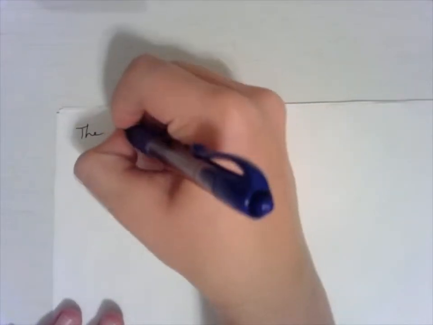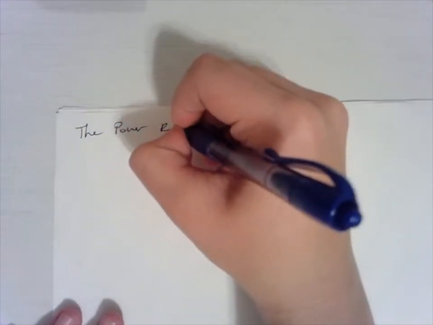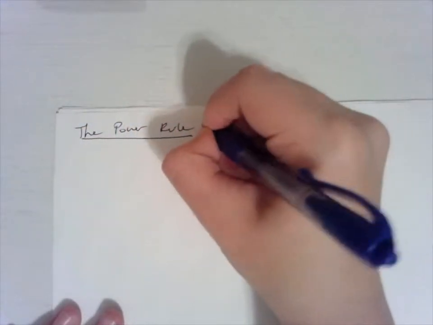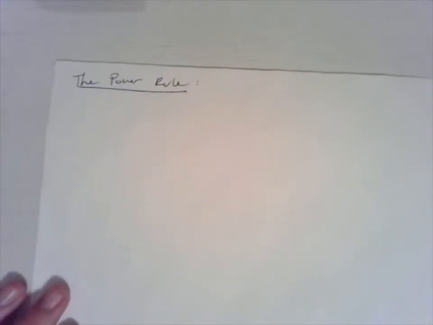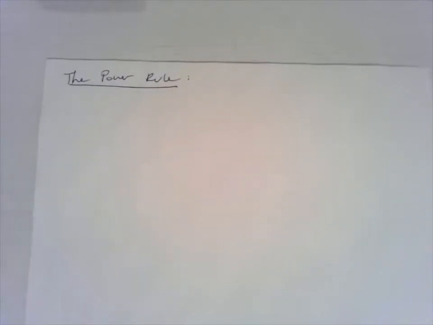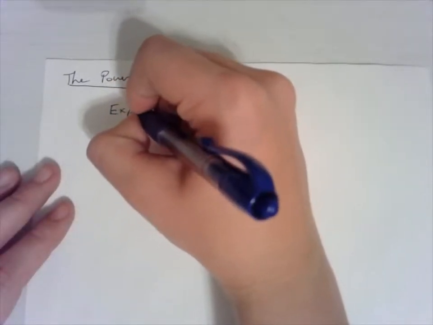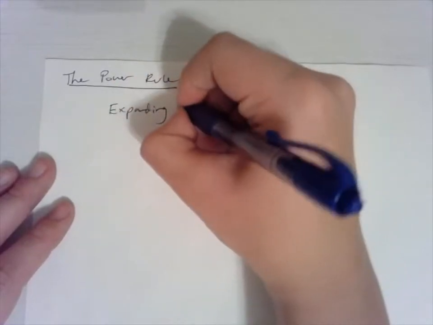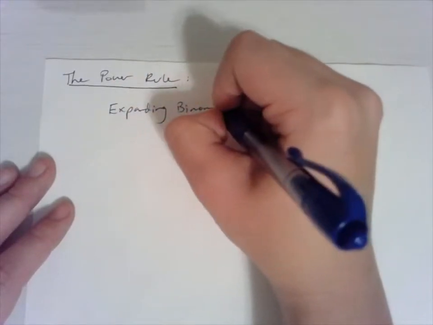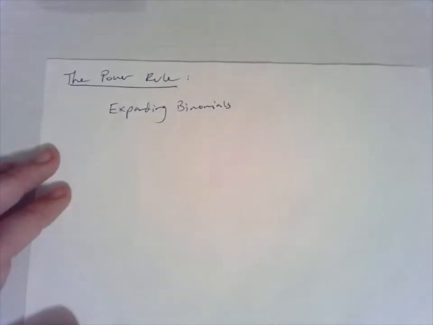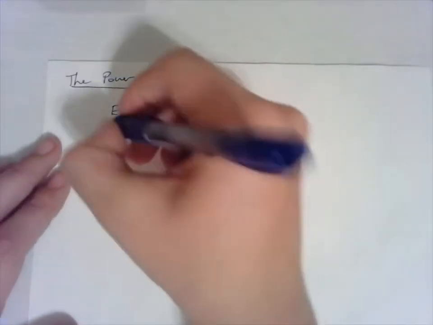Alrighty, let's talk about the power rule. The power rule is really interesting. To get a grasp of the power rule, we're first going to talk about expanding binomials, and what those look like every single time when we expand them.